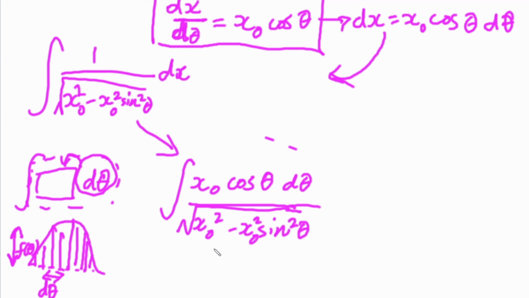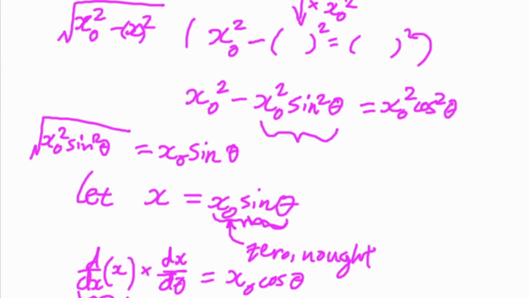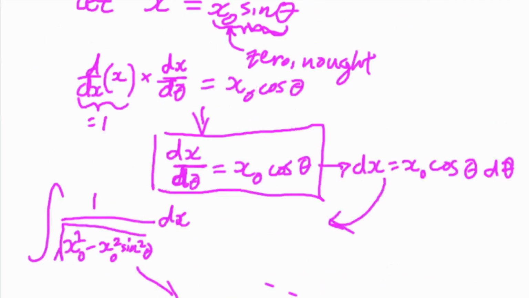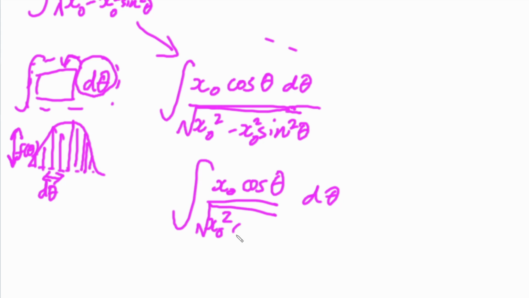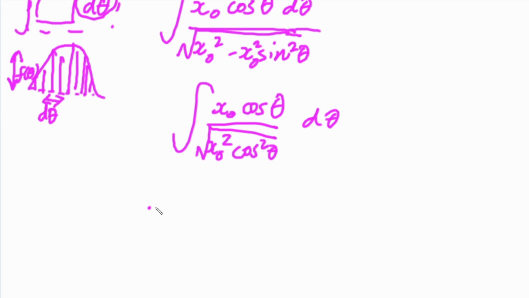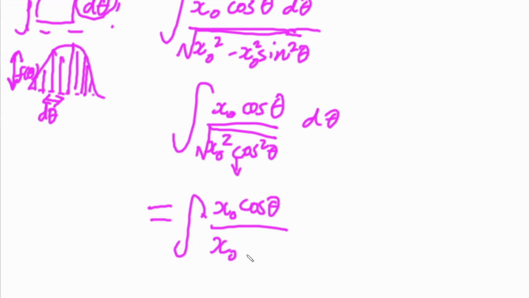Anyway, if we simplify the bottom here with the identity that we found earlier, x naught squared minus x naught squared sine squared theta is equal to x naught squared cos squared theta, then we get the integral of x naught cos theta d theta divided by the square root of x naught squared cos squared theta. Square rooting the denominator, we get x0 cos theta as well.